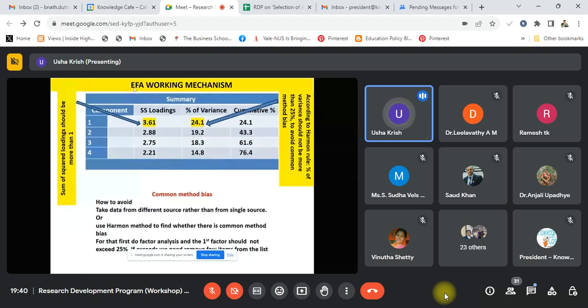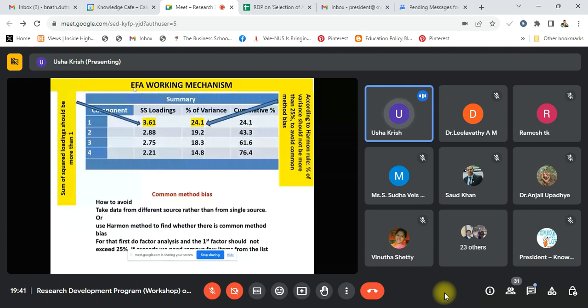Here, the sum of squared loadings should be more than 1. Now, in this table, it is more than 1, that is 3.61. So, this data can be taken for further analysis.